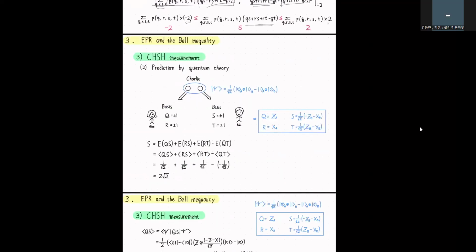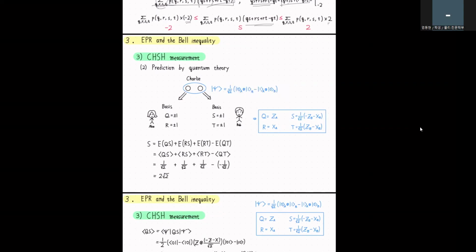So let's see what the outcome is for quantum theory. So in quantum theory, instead of two different independent particles, Charlie generates this entangled state, particles A and B. So if Alice measures an outcome of 1 here, Bob will measure an outcome of -1 for the opposite particle and vice versa.